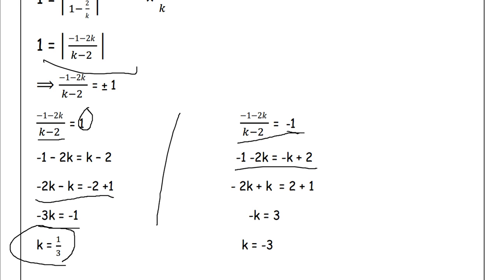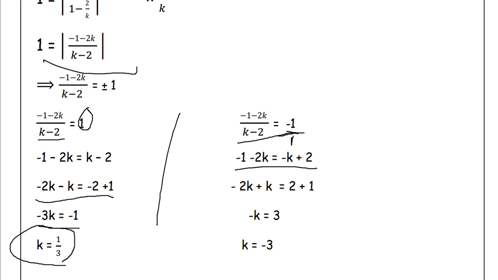So negative 1 minus 2k multiplied by 1 is negative 1 minus 2k, and k minus 2 by negative 1 will be negative k plus 2. So making k on the left hand side, it will be negative 2k plus k, which is negative k. The other side is 2 plus 1, which is 3, so negative k equals 3, so k equals negative 3.